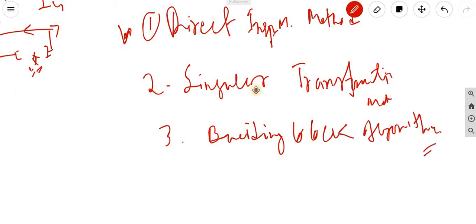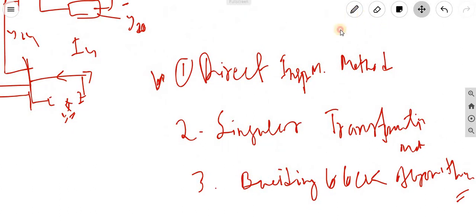The first one is very simple. The direct inspection method is just observing the network, so we can form the Ybus. It is limited to a very small number of buses. Just by seeing the network, you can simply form the Ybus.